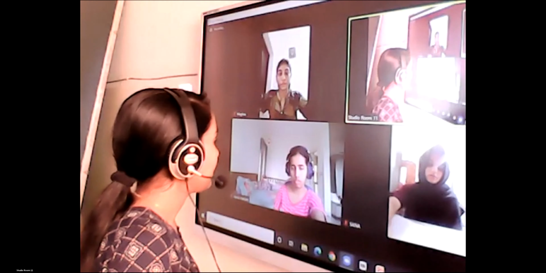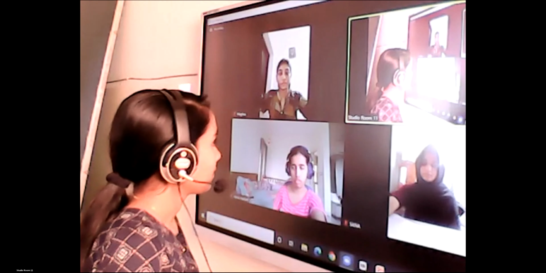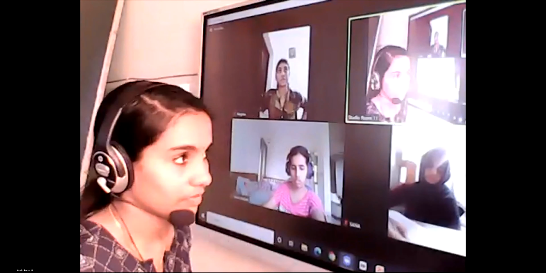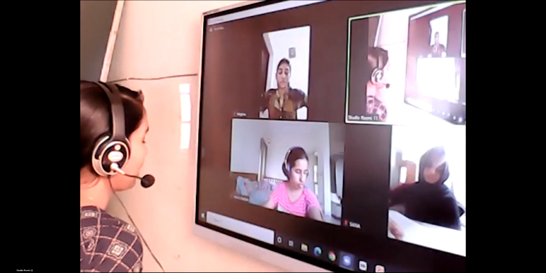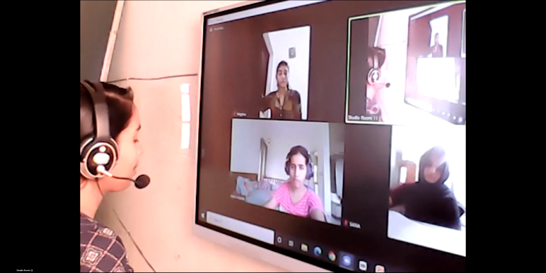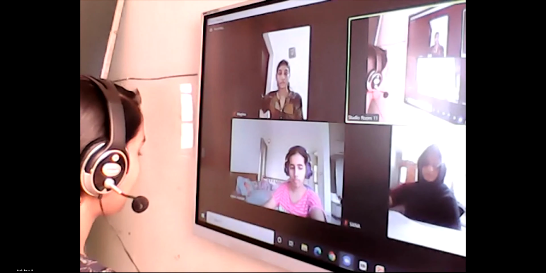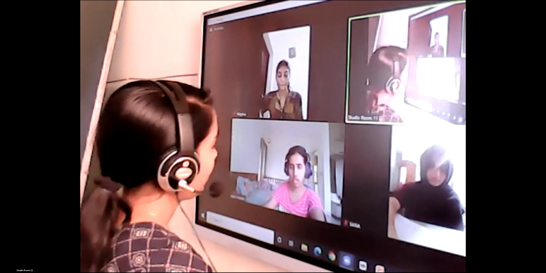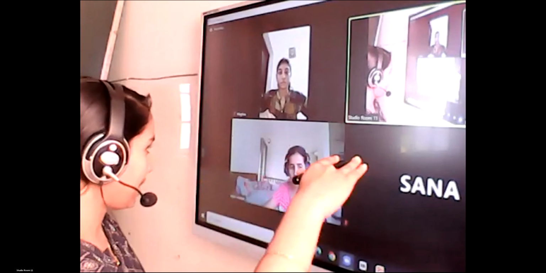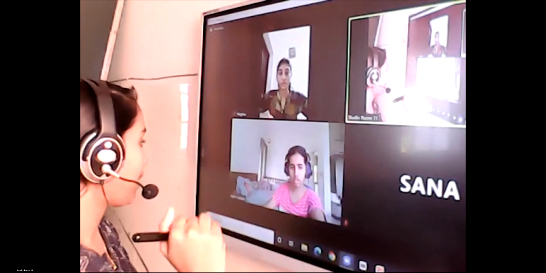Then satin weave. Just think about satin cloth. The surface part is very smooth compared to the other side.